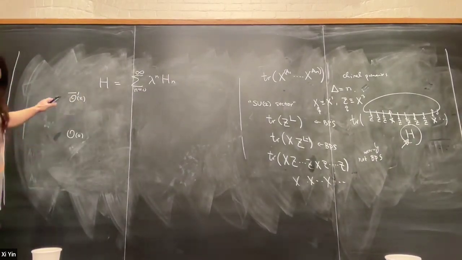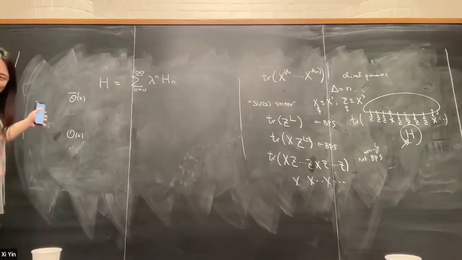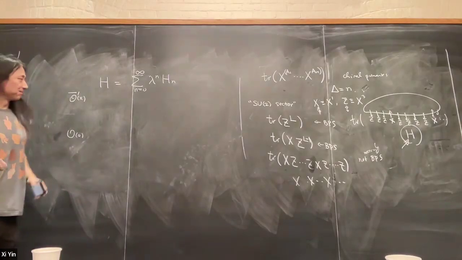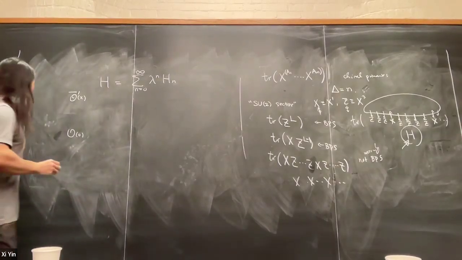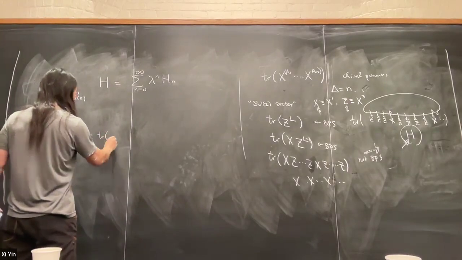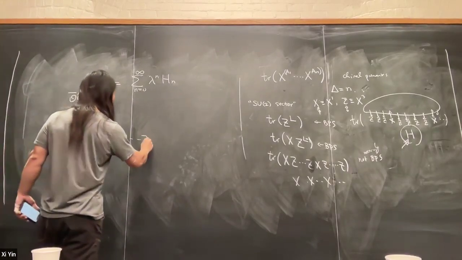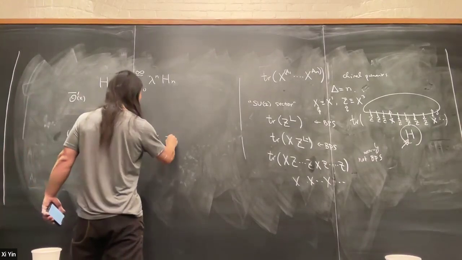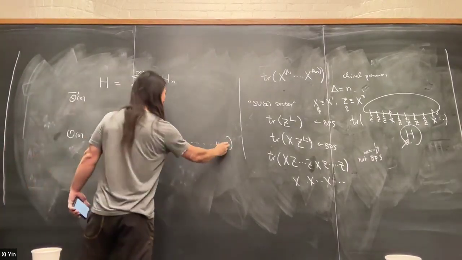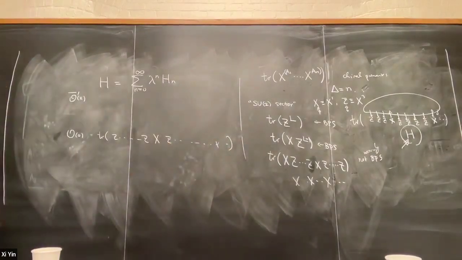So a few X's sprinkled in the sea of many Z's. And let's not worry about cyclicity of the trace for now. So this operator is a trace of many Z's, and let's say there's an X here and many Z's. There could be another X somewhere else, but let's not even worry about those.